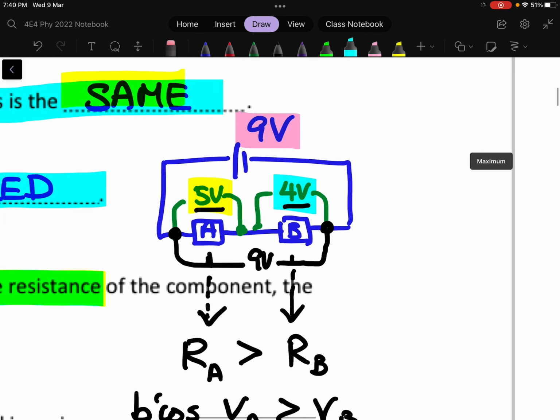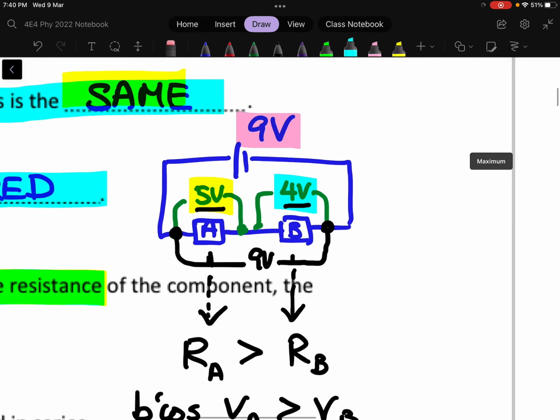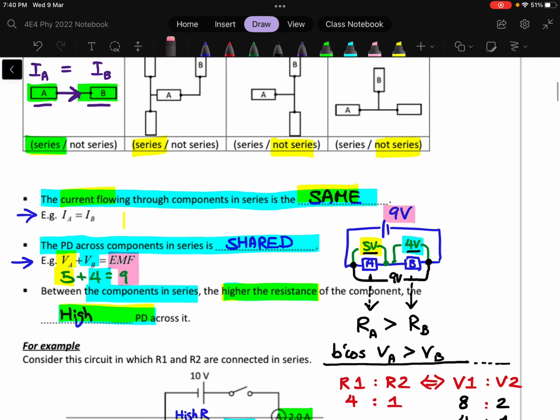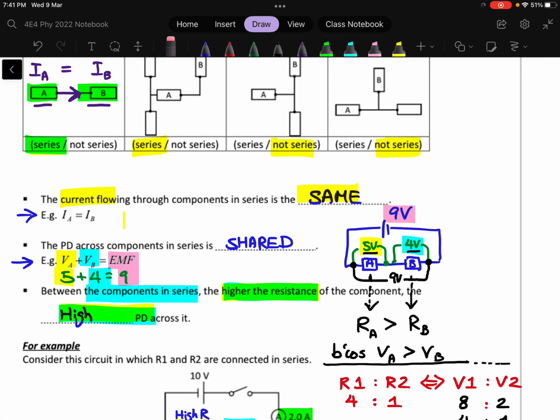And if now I need to make a comment on the resistance of A and B, I can safely say that your RA must then be greater than your RB, and that is because your VA is larger than your VB.